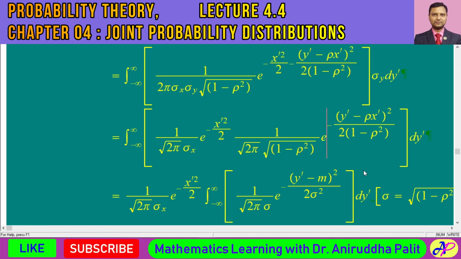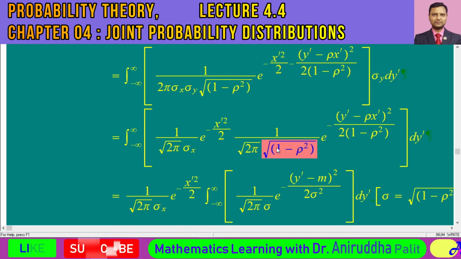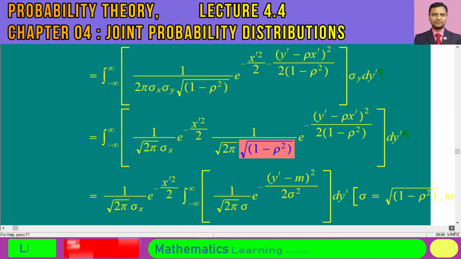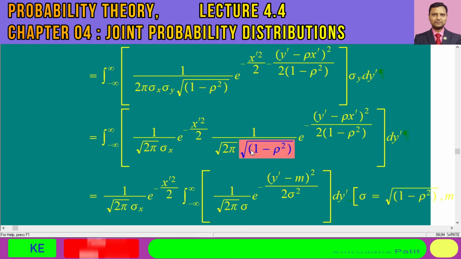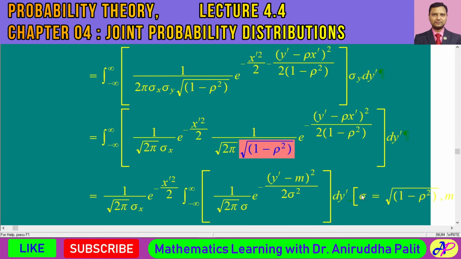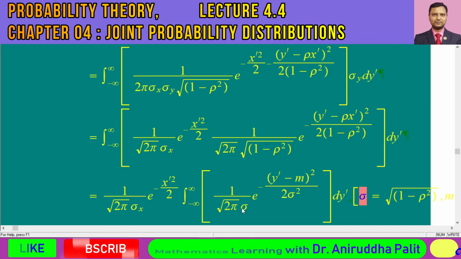Now you can consider this expression, root over of 1 minus rho square, as sigma, simply a sigma.